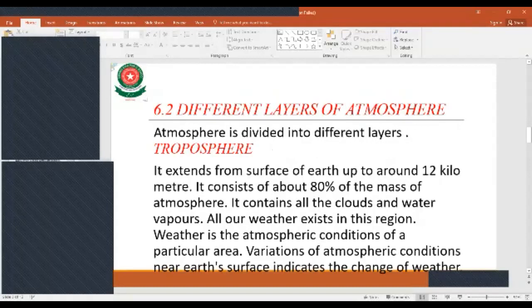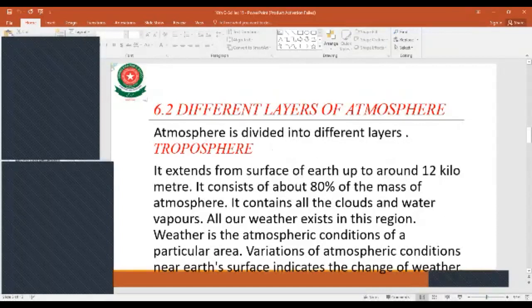Different layers of atmosphere. In the previous lecture I also discussed different layers of atmosphere. The first layer is the troposphere, which extends about 12 kilometers from the earth and contains 80% of the mass, including clouds and water vapors.